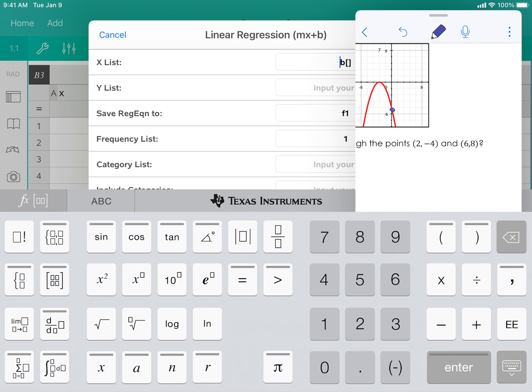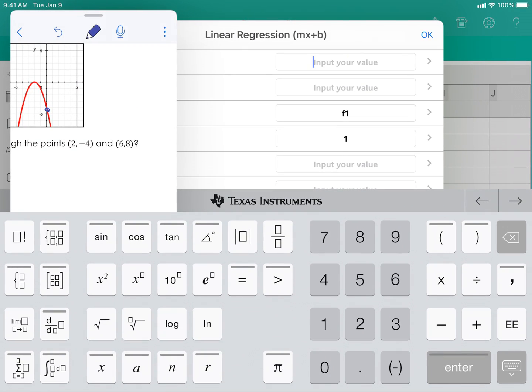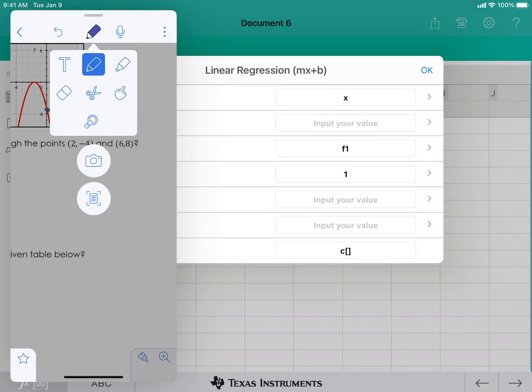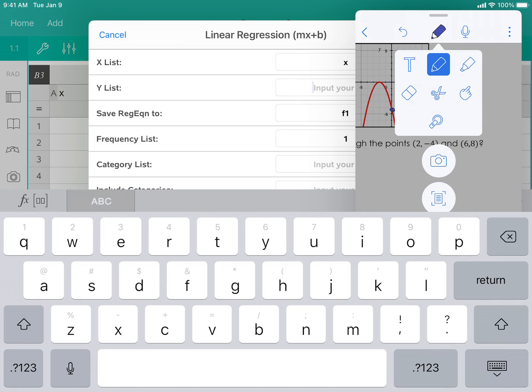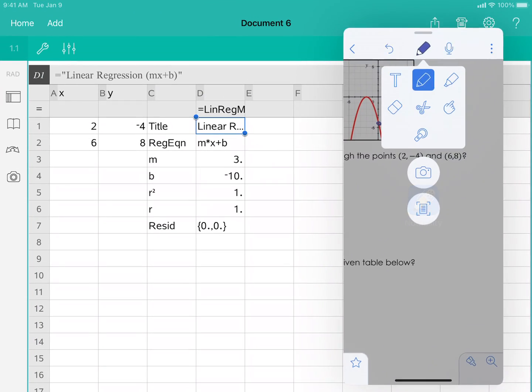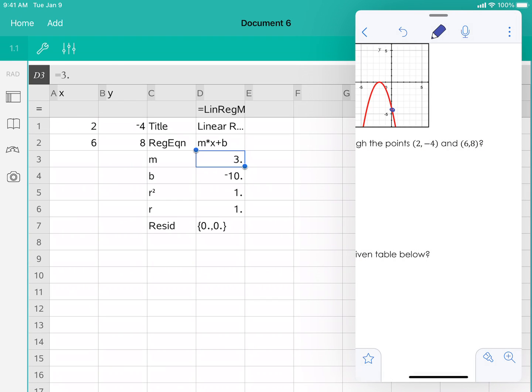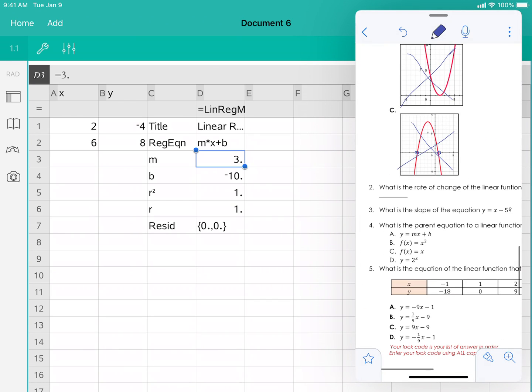I'm changing my x list to x, my y list to y. And then I just hit OK, and I'm looking for the m, and it tells me the m is 3. So my slope is 3.